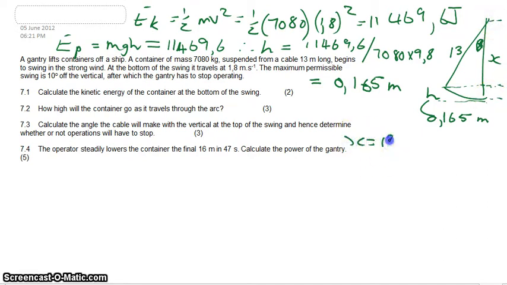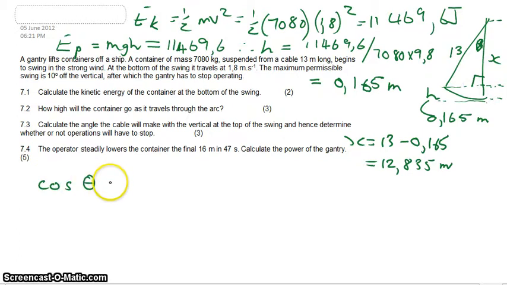So if we want to work out x now, and the whole thing is 13, x is going to be 13 minus 0,165, and x is going to equal 12,835 meters. Now look carefully at this 90-degree triangle here. Cos of theta, that's a much better theta, equals 12,835, which is the adjacent side, divided by the hypotenuse, 13.